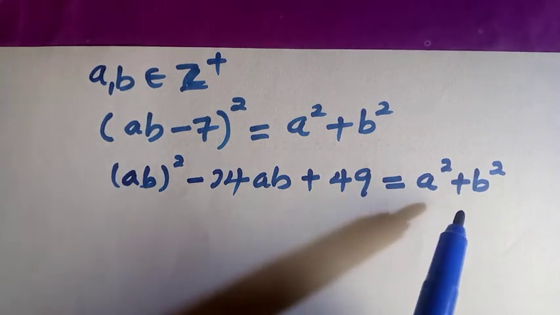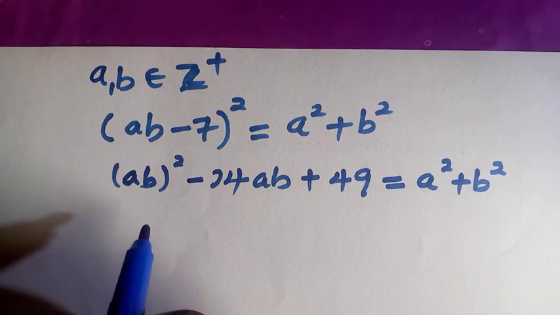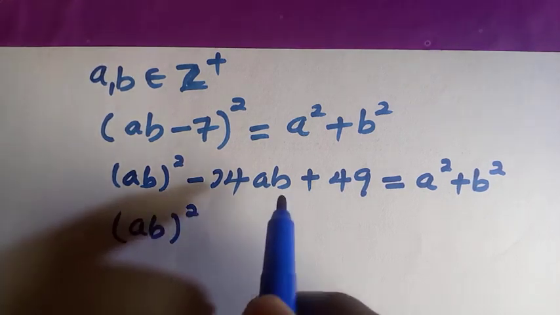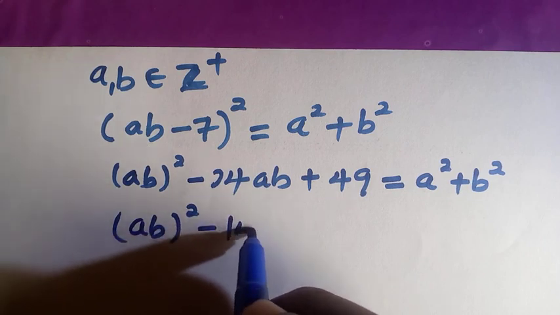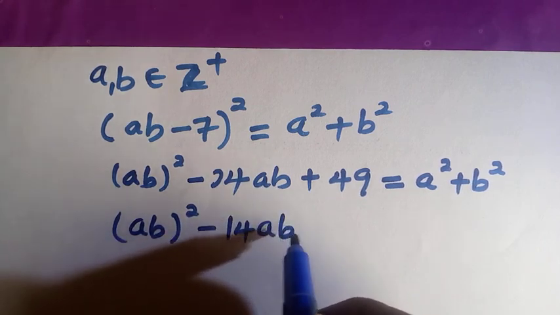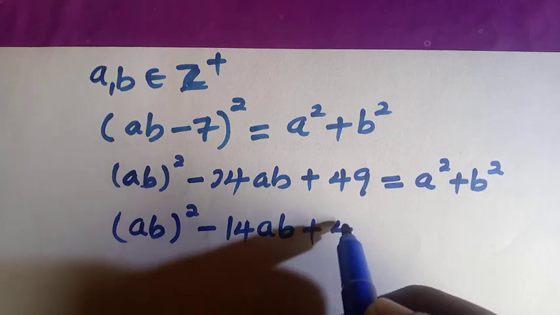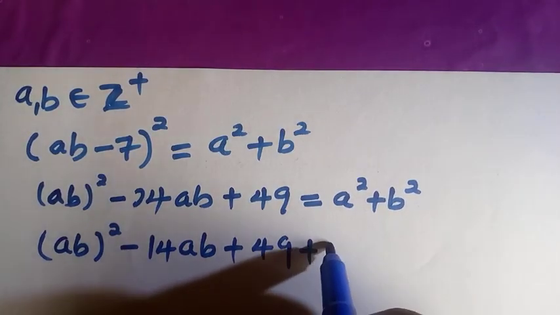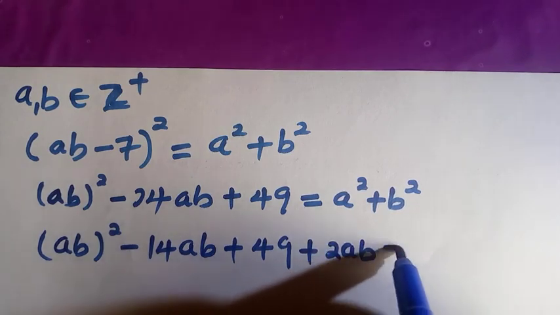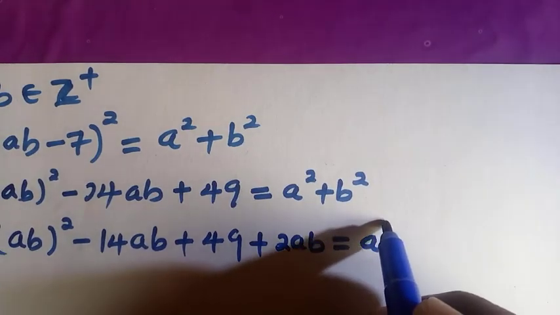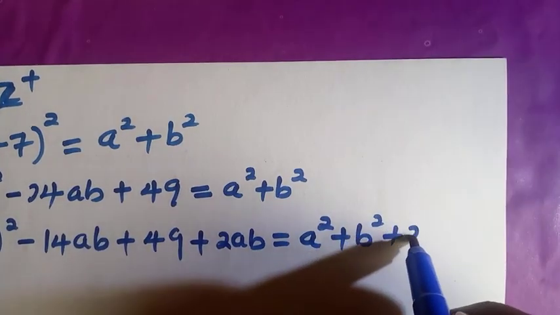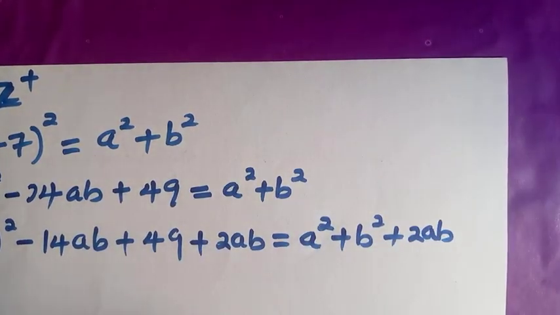And what I want to do is apply one identity. To make this happen, if I add 2ab to both sides, we have (ab) squared minus 14ab plus 49, and on the other side a squared plus b squared plus 2ab.